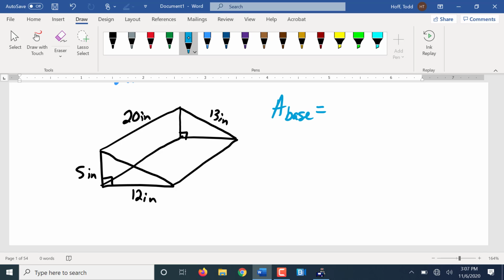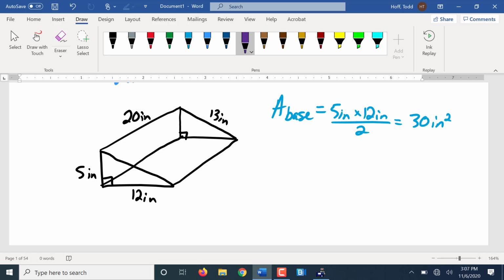So how do I find the area of that base? Five times 12 divided by 2, good. Which gives us 30 inches squared, good.